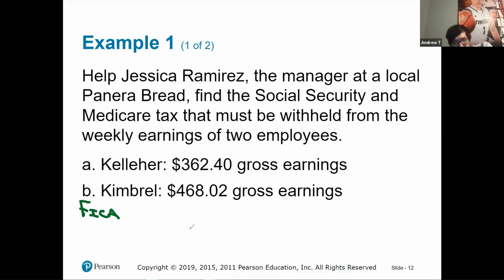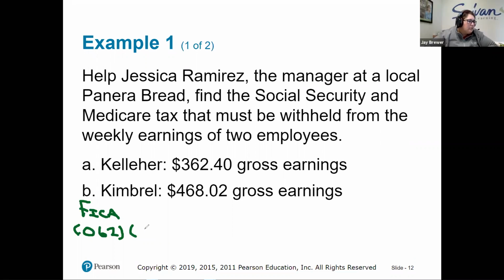Would you multiply them by 6.2%? Yep. So 0.062, sorry, times your 362.40. That'll give you the first person's.